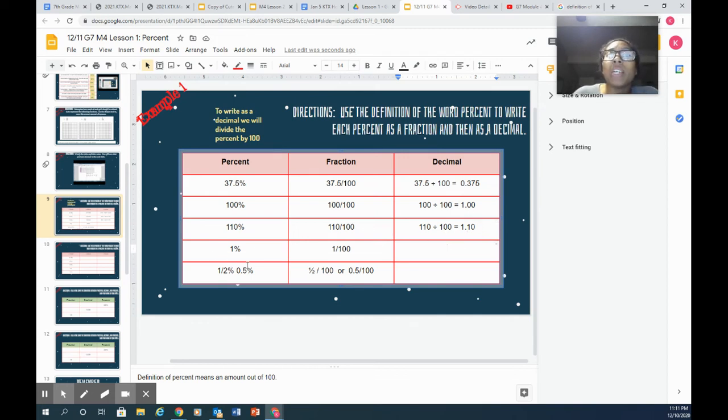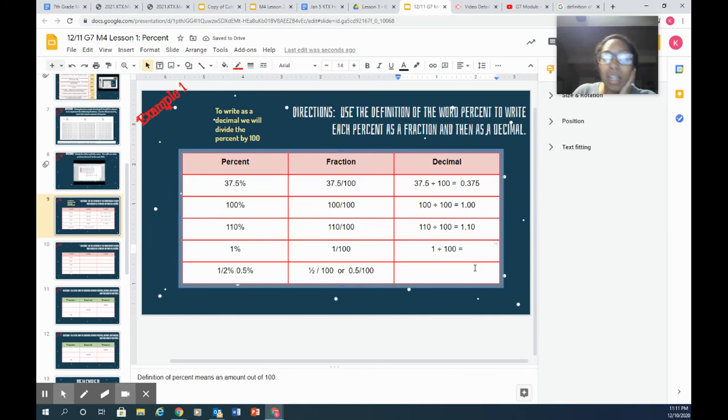What about 1%? How will this shift? What will 1% look like as a decimal? Fill your answer out, pause the video, and then hit play when you're ready. Okay, so we've got 1% and we are dividing this once again by 100.